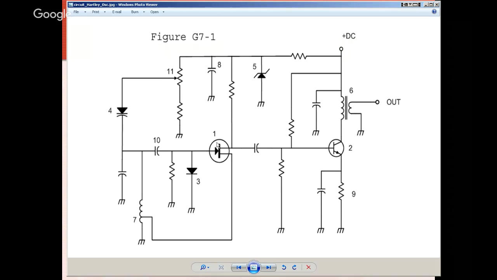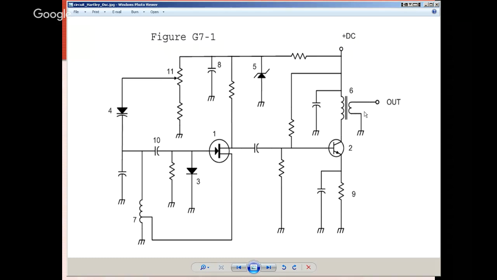Symbol 1 is a JFET. It's a transistor, a field effect transistor. And number 5 is a Zener diode, and the Zener diode helps to regulate voltage. Your DC voltage comes in. You also have a number 6, a transformer here.